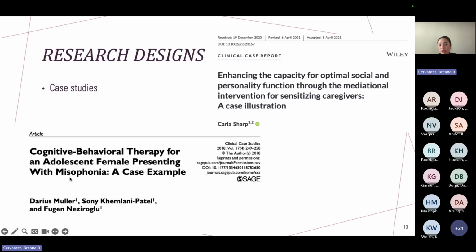So I'm going back to this one on the left because last year I worked with someone who was 24, 26, a male, on the spectrum, and also has misophonia. Misophonia, are you all familiar with that?